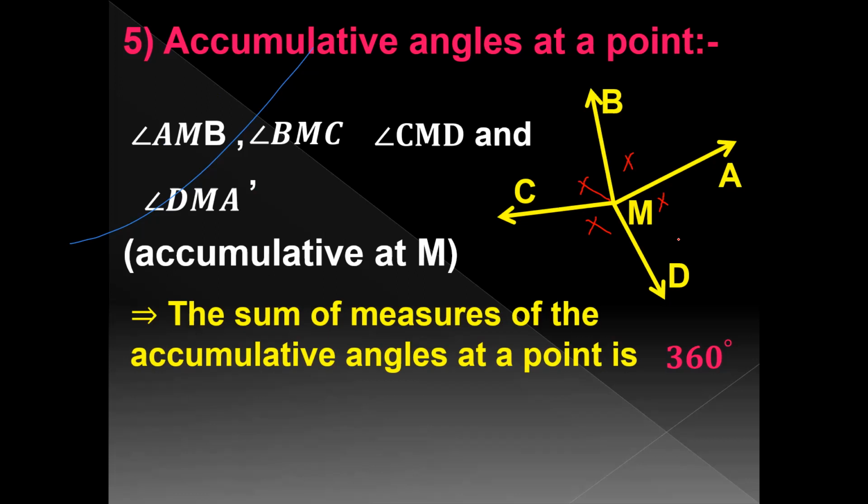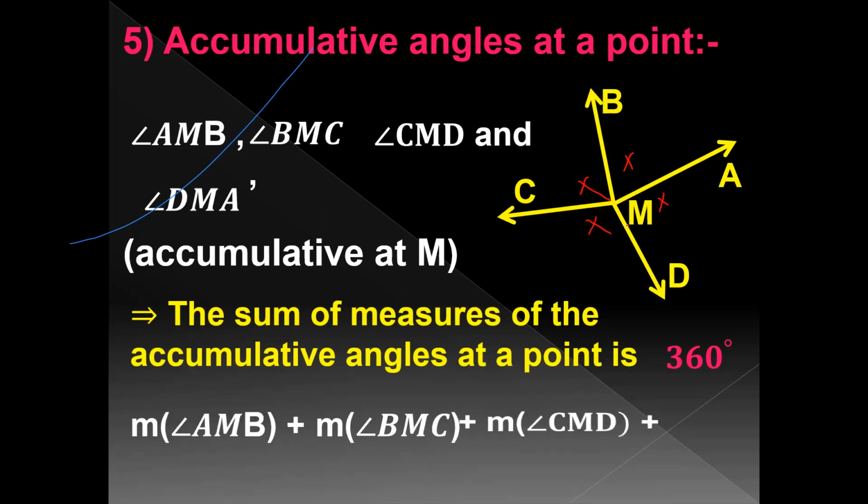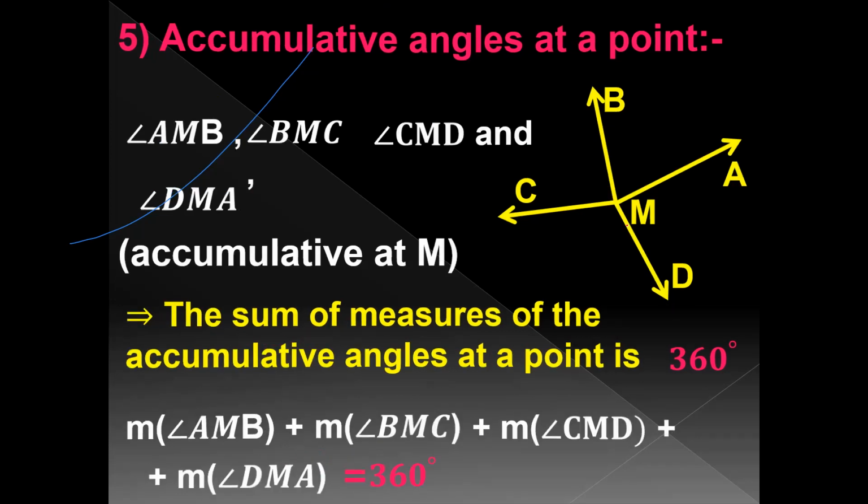The sum of the measures of the accumulative angles at a point is 360 degrees. Angle CMB plus angle BMA plus angle AMD plus angle CMD equals 360.